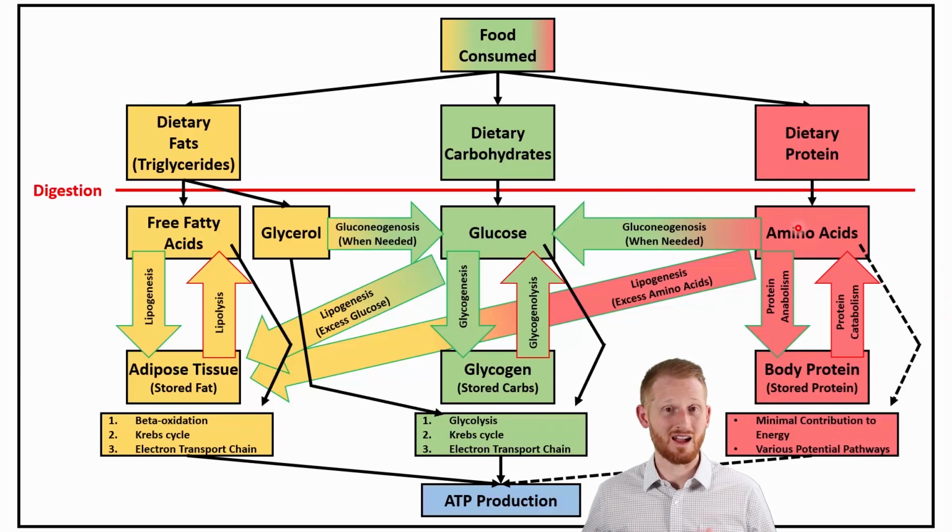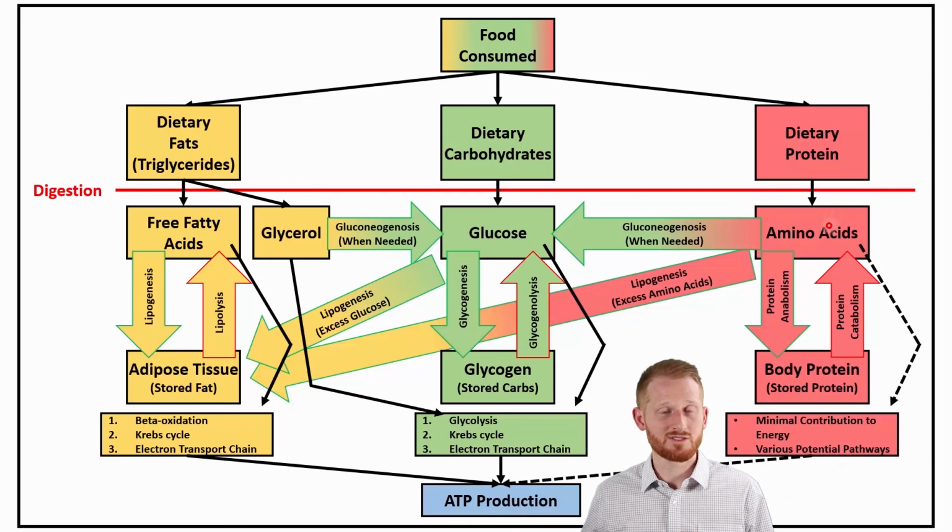Ideally though, what we would want to do is store the protein. So we'll go through protein anabolism in order to store the protein as skeletal muscle or organ tissue. But again, that can be broken back down through protein catabolism into amino acids, and again, used through various pathways to make ATP.